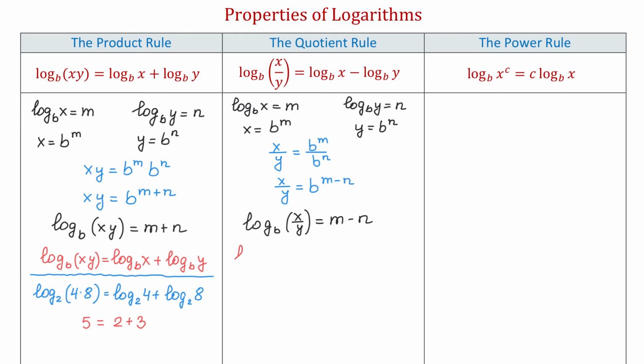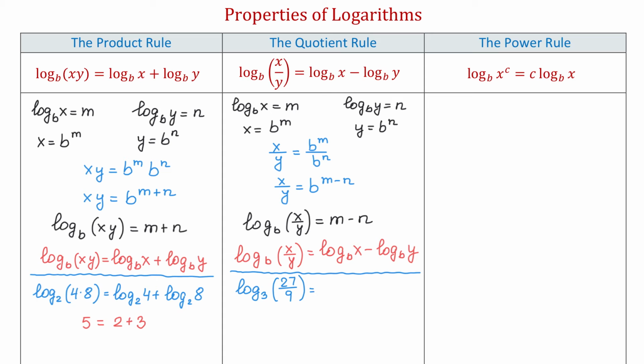Then we will have log base b of x over y equals log base b of x minus log base b of y. And this is the quotient rule of logarithms. Now let's see an example. Log base 3 of 27 over 9.